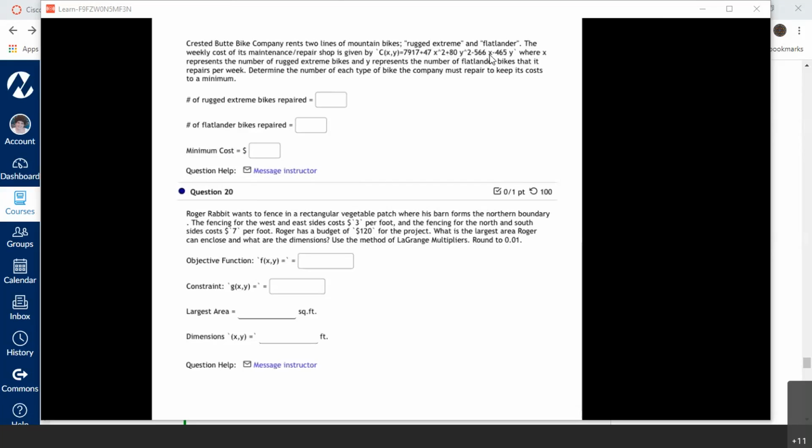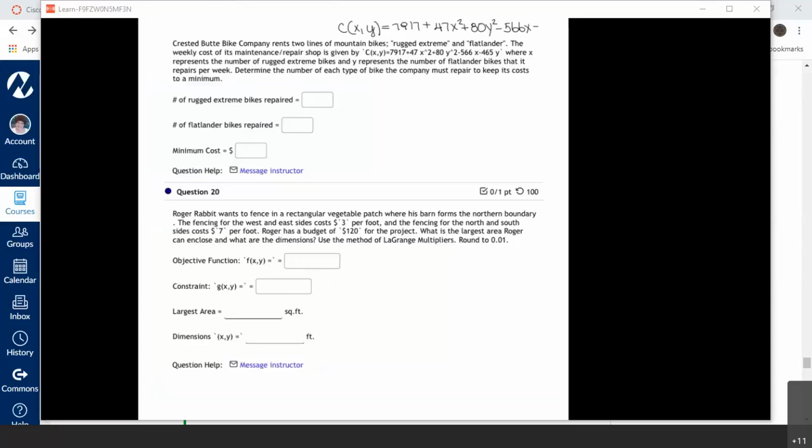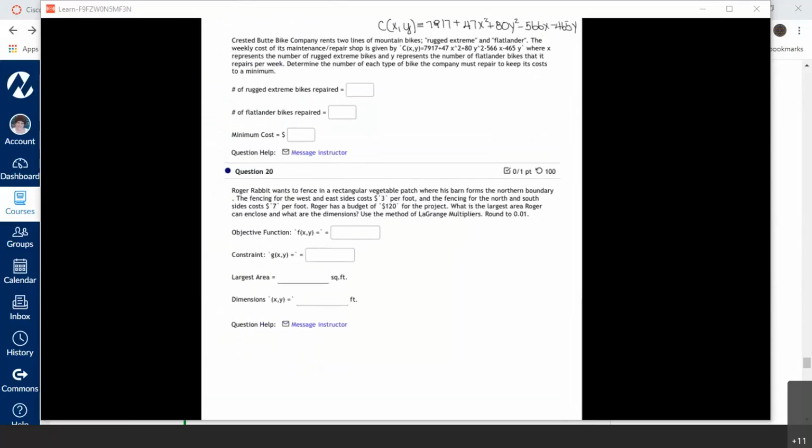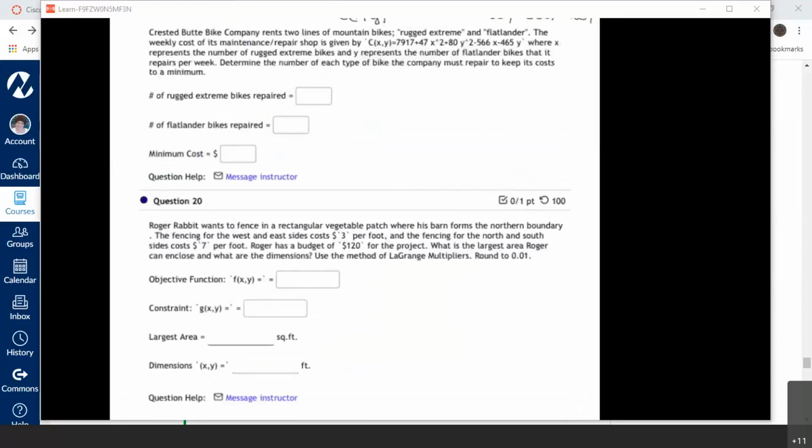Let me write it so it looks more normal: 7917 plus 47x squared plus 80y squared minus 566x minus 465y. Okay, so there's our cost equation. And in this example, X is the number of rugged bikes and Y is the number of flatlanders.